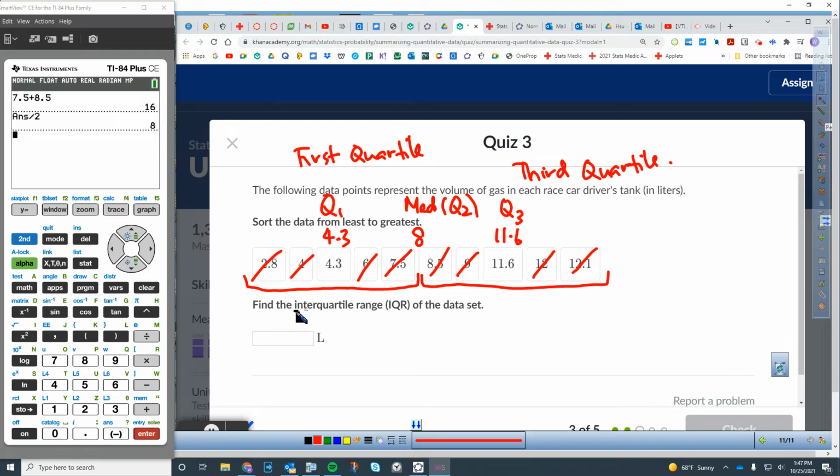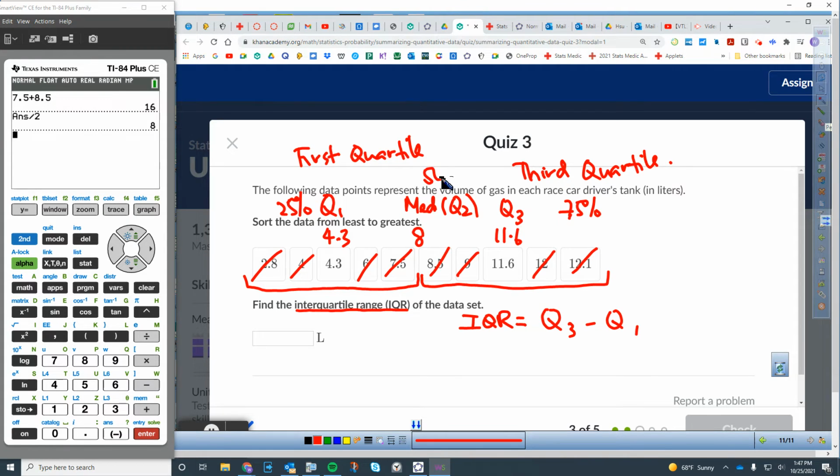Now they ask us to find the IQR, interquartile range. So the IQR has this formula. IQR is actually your Q3 minus your Q1. So Q3 is your 75th percentile, the 75% mark. Q1 is the 25% mark.